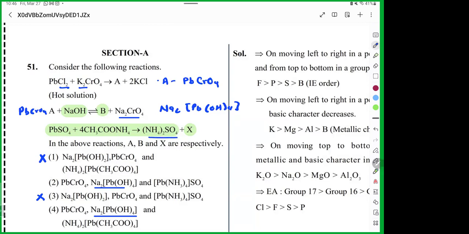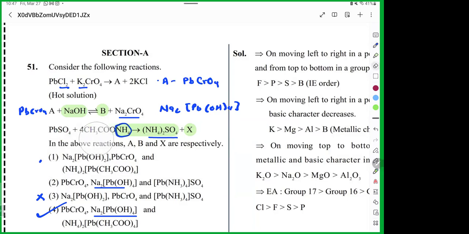Ammonium sulfate is formed, so ammonia from this and sulfate from this form it. What should be the remaining product? Pb acetate should be there. Done. Make sense?